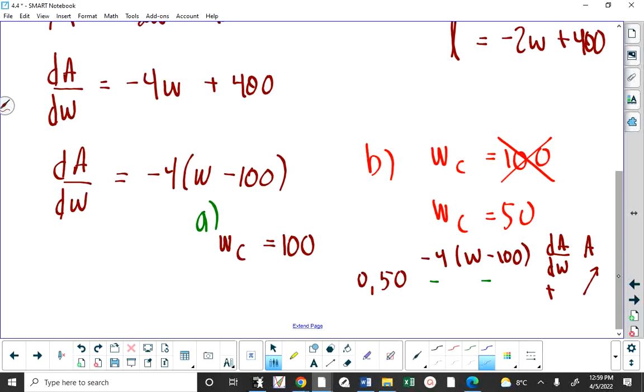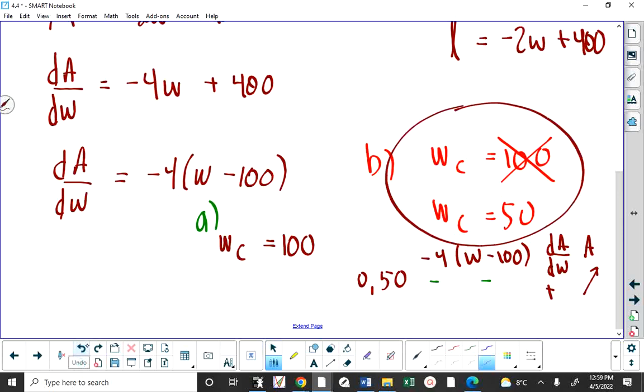I've already told you that if you're given a max-min problem and you only have one mathematically legitimate critical value, then that's the one that gives you the answer. So we could have just stopped right here and said, since there's only one critical value, that's it. We didn't need to justify it.